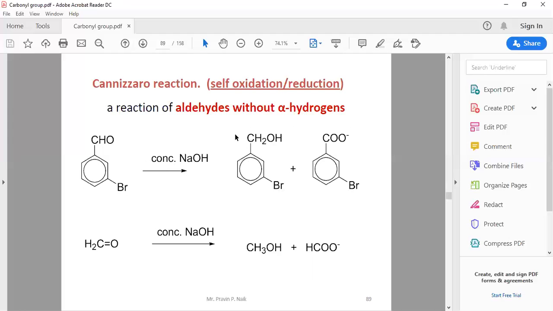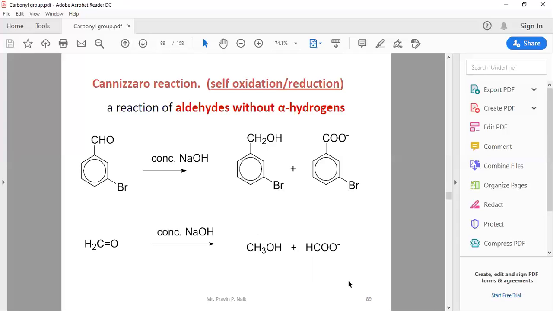After oxidation it gives carboxylic acid, and after reduction it gives alcohol. Then again, another example is formaldehyde. Formaldehyde reacting with concentrated sodium hydroxide solution gives the reduced product, methanol, and the oxidized product, formic acid.